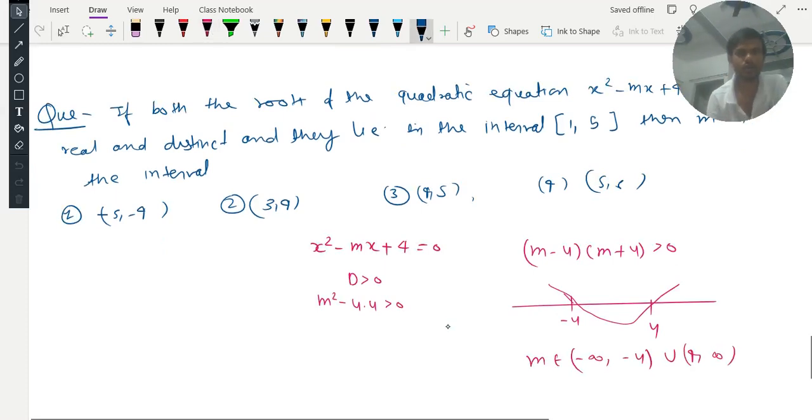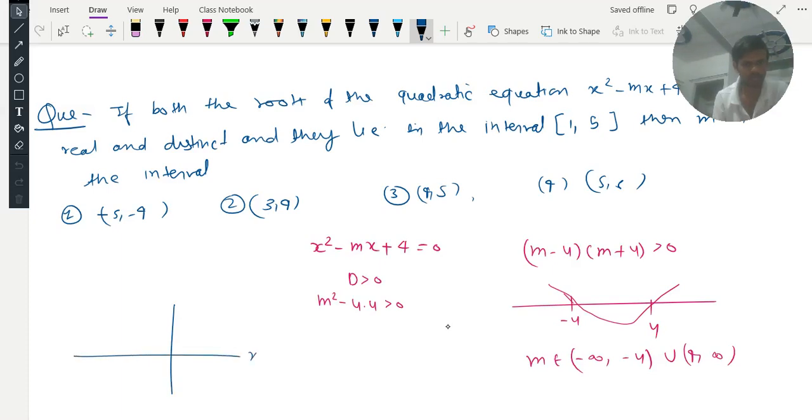If we make the graph of this quadratic equation, this is x, this is ax square plus bx plus c, with roots alpha and beta lying in 1 to 5.